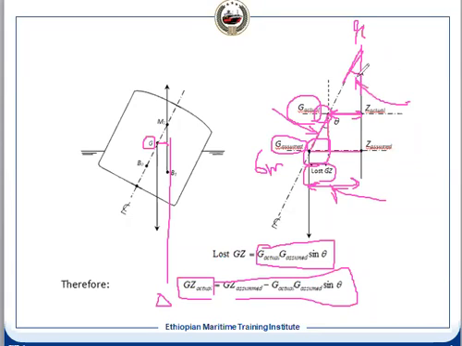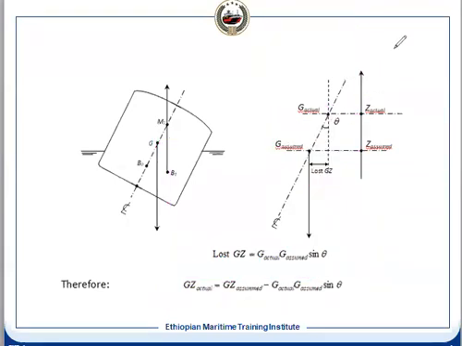So this angle of heel is theta, and this is also theta. This is the assumed ZZ, which we can get from the curve. But our actual ZZ is this. So what is the loss of ZZ? This much. And how can we calculate this?